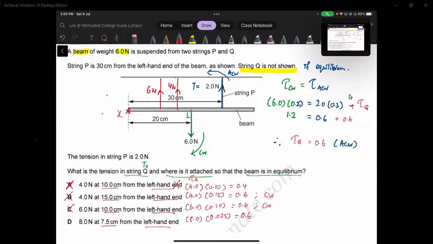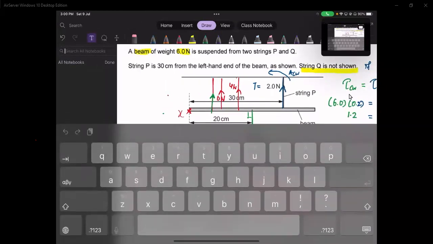No, nonsense like that, never like that. So you've got to ask yourself, just think about it: if I want equilibrium, the torque has to be the same, but what else has to be the same? Something else has to balance. What is that something else?